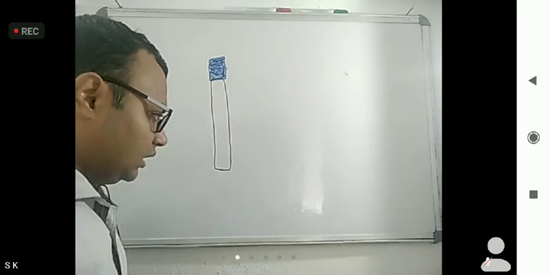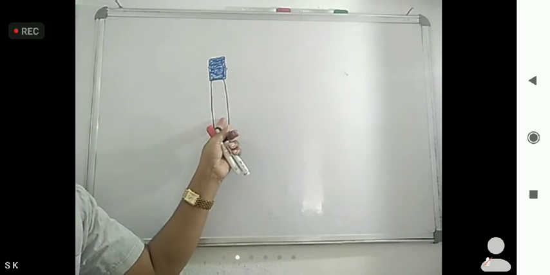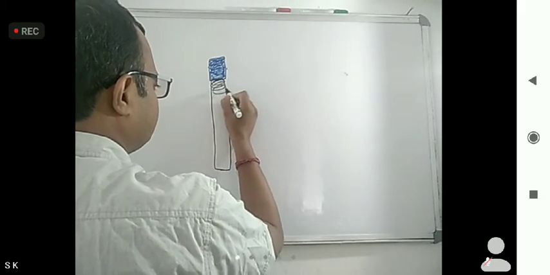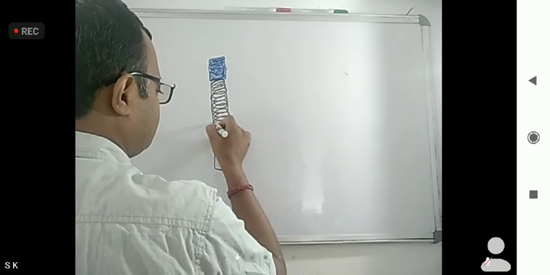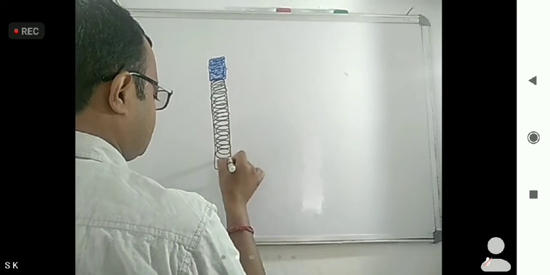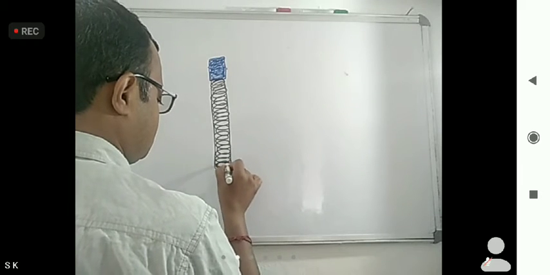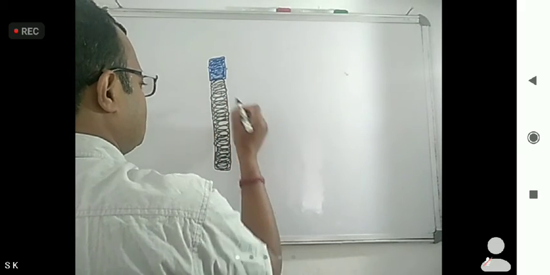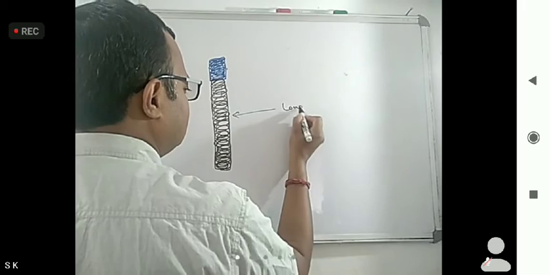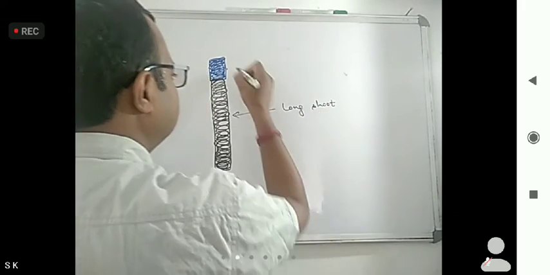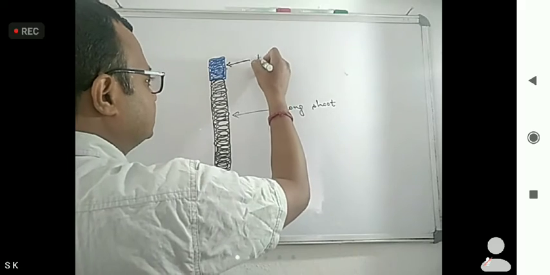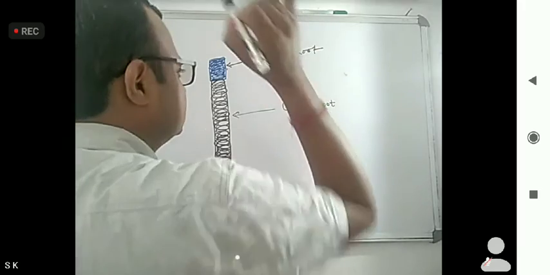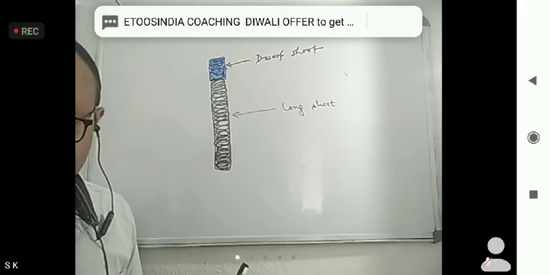Now, this lower portion is known as the long shoot. On the long shoot, this is known as the dwarf shoot.